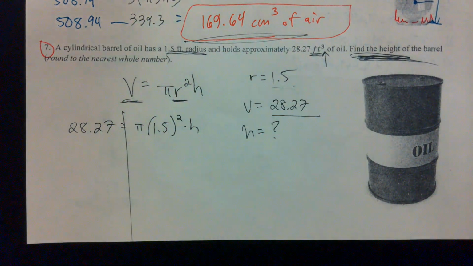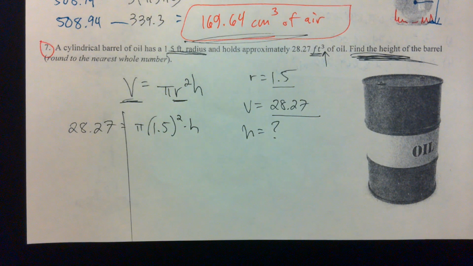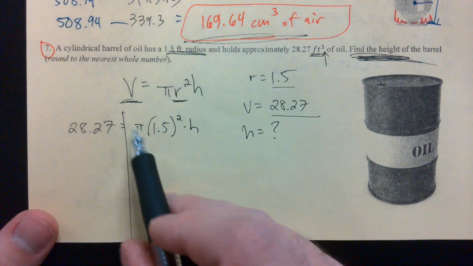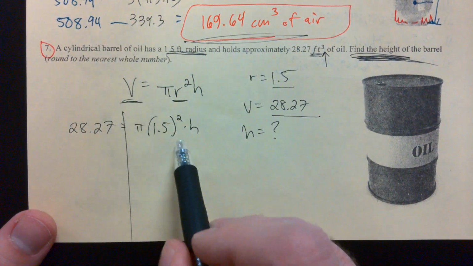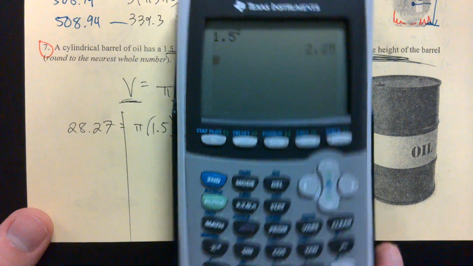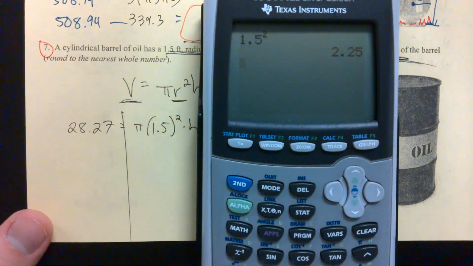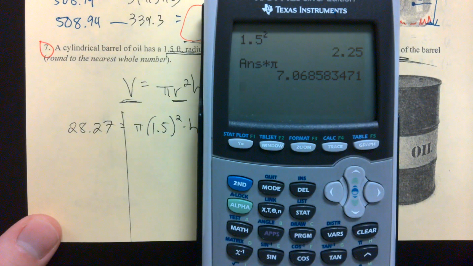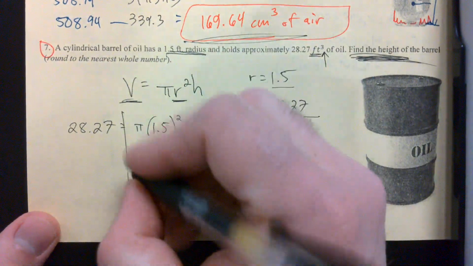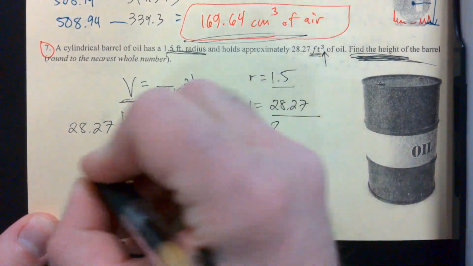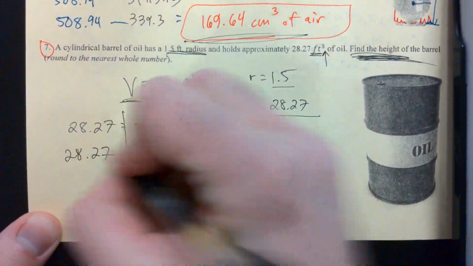Now we're going to solve this just like one of our good old equations that we know how to solve. I'm going to work out this right-hand side first. 1.5 squared gives me 2.25 times pi gives me 7.07. 7.07 H equals 28.27.